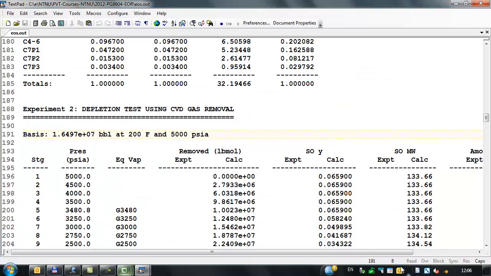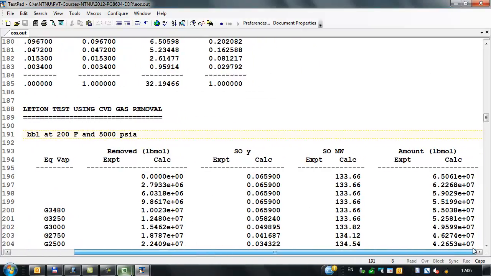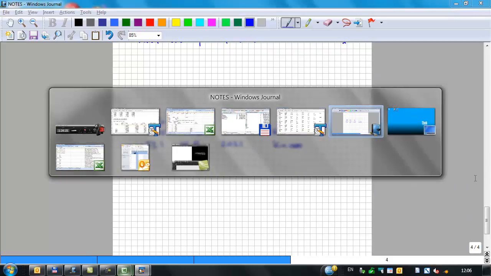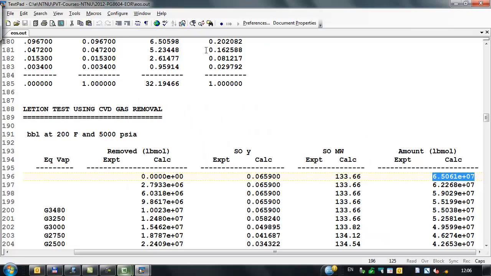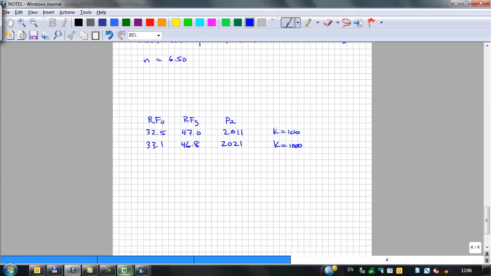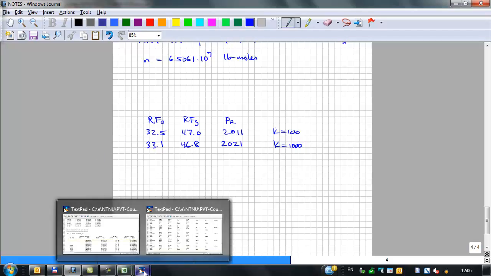Okay. So we've got this many moles, 6.5061 times 10 to the 7th pound moles. Should we check that against what it has in sensor? I think probably is worth doing.